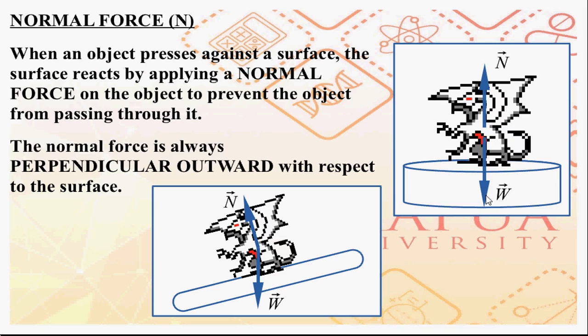You can think of it as the surface pushing the object away to prevent it from passing through the surface. So much so that if the surface is diagonal, the normal force will also be diagonal, in the orientation that it is perpendicular to the diagonal surface.